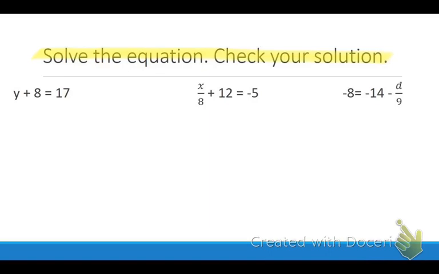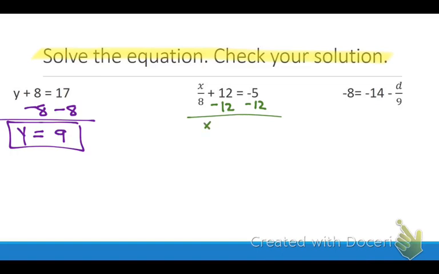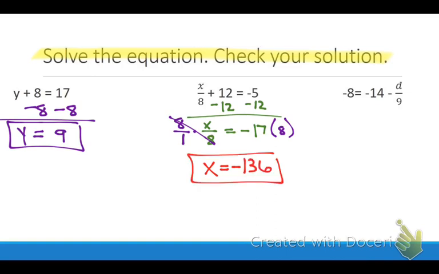On the first one, we need to subtract 8 from both sides, and then y equals 9. On the second one, what do we do first? Subtract 12 from both sides. X over 8 equals negative 17. Okay, then what do we do? Multiply both sides by 8. And then you get x equals negative 136.